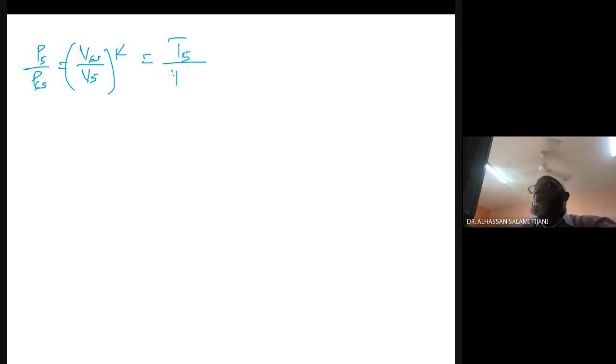Now take note that from state 5 to 6S, we can have P5 over P6S equals V6S divided by V5 all raised to the power K, equals T5 divided by T6S all raised to the power K divided by K minus 1.